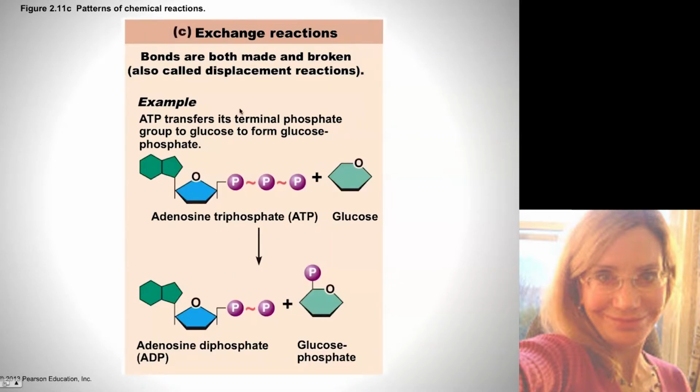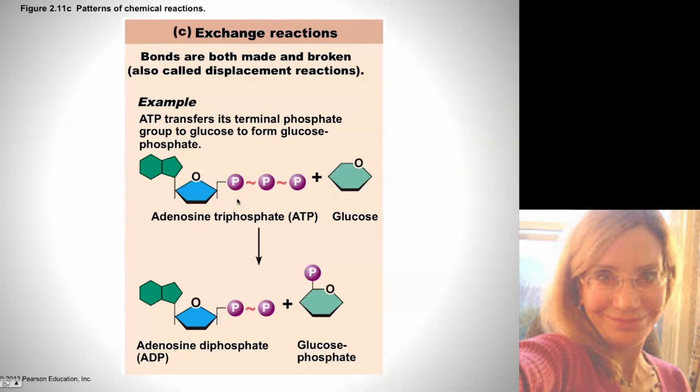Exchange reactions. This is when bonds are both made and broken, and they're paired together. It's also called a displacement reaction. An example is when ATP, or adenosine triphosphate, transfers its terminal phosphate group. Terminal means the last one, the end one. ATP will transfer this phosphate group to a glucose molecule. A phosphate group has a phosphorus atom with 4 oxygen atoms, and this group gets transferred to a glucose molecule, phosphorylating it.